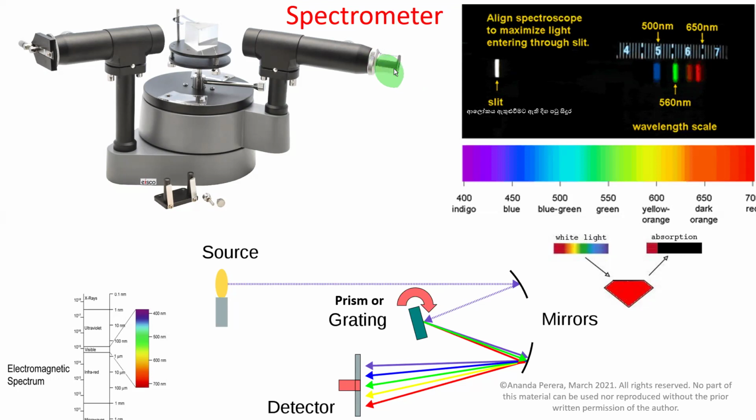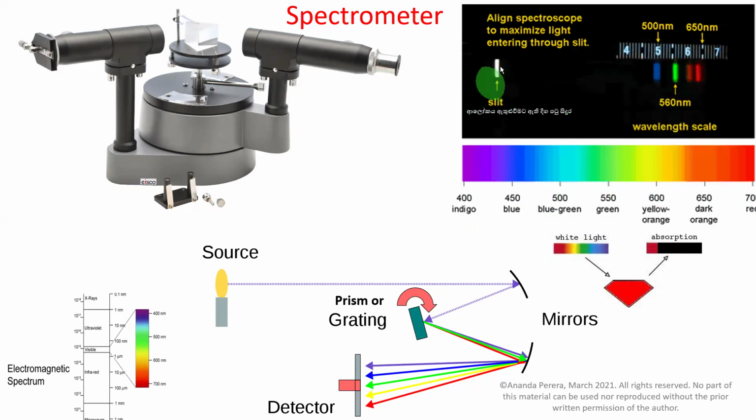This is called a spectrometer. How do we see this? When we look at this eyepiece, we can see the colors like this, from 400 nanometers up to 700 nanometers. The 400 to 700 nanometer range is the visible light range, the visible wavelength.